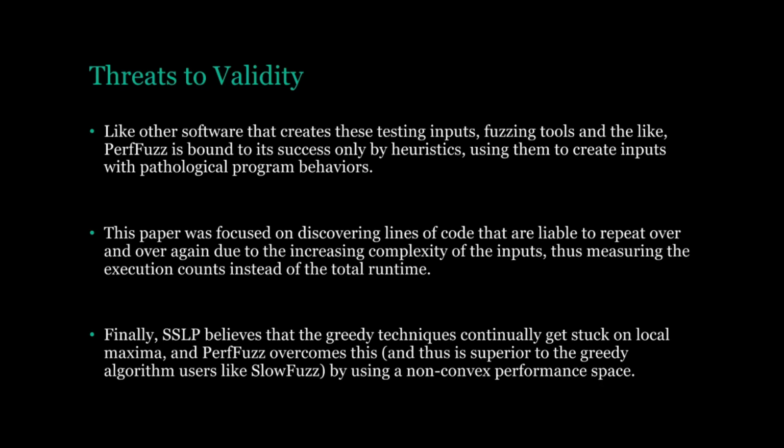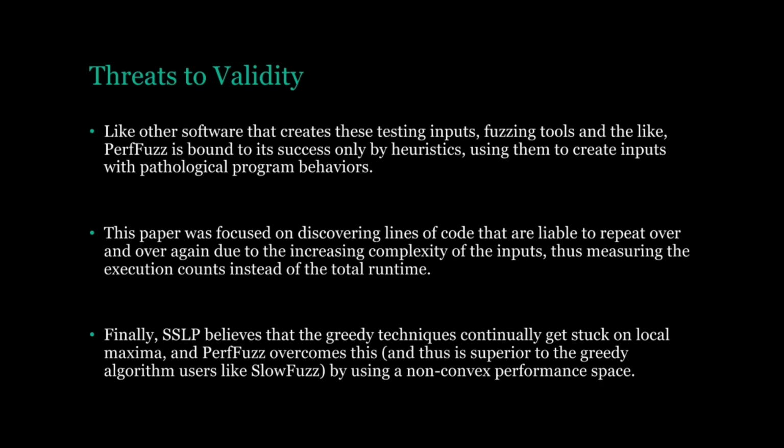This problem could be mitigated by using a different cost model for CFG edges, choosing a new piece of the puzzle that would create bottlenecks in the code. An example would be, like I mentioned before, I/O operations. Instead of seeing how many times you hit that many edges, you just count how many I/O operations there are. Unfortunately, SSLP did not test any other cost models with other types of performance feedback like that.